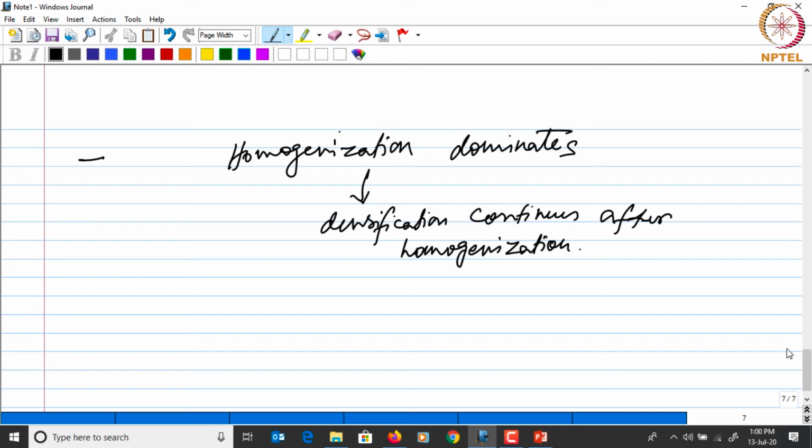We can take another example to look more into this homogenization process.